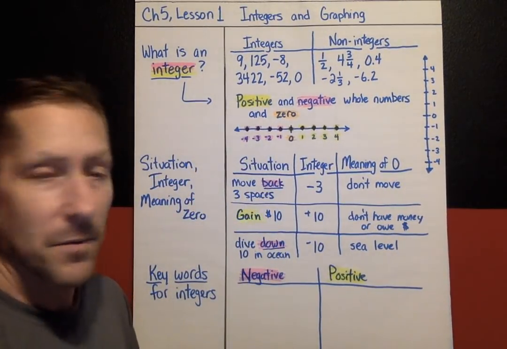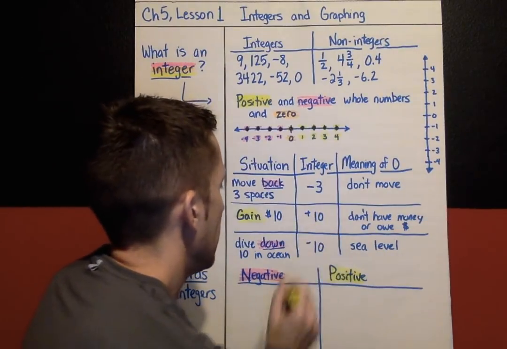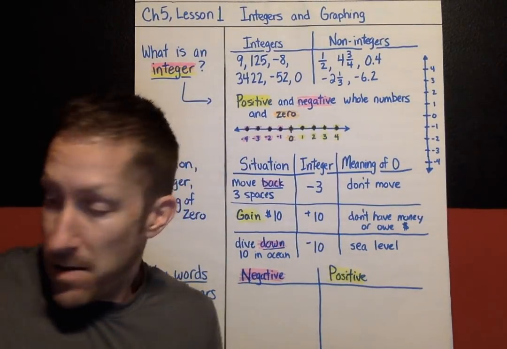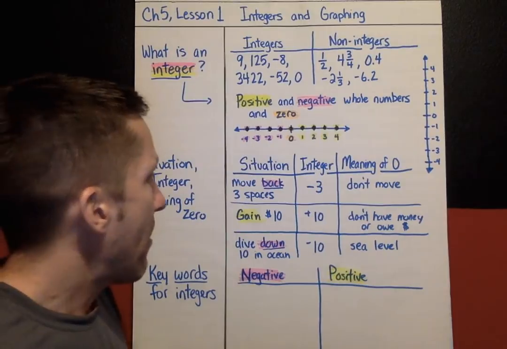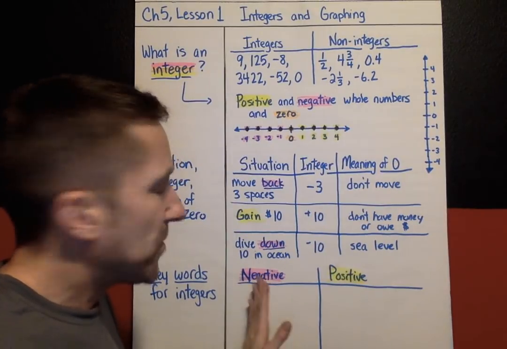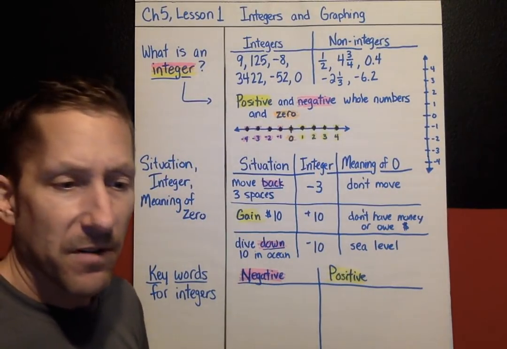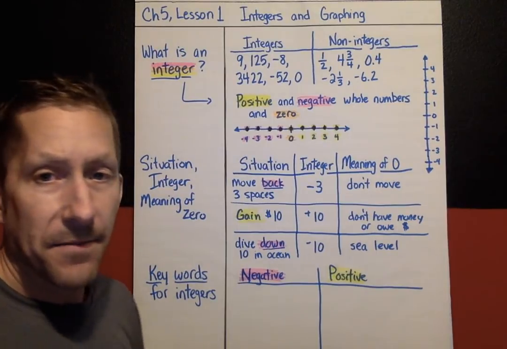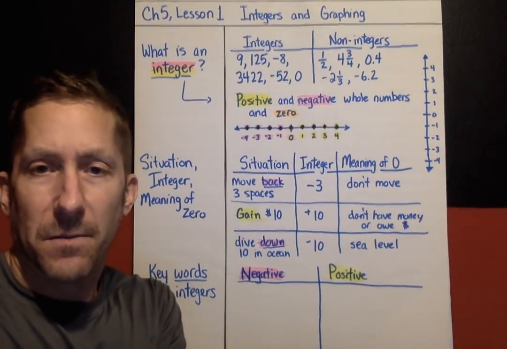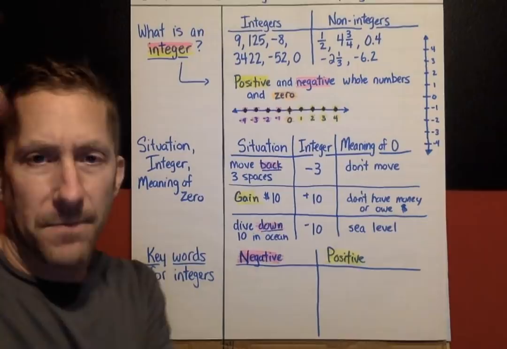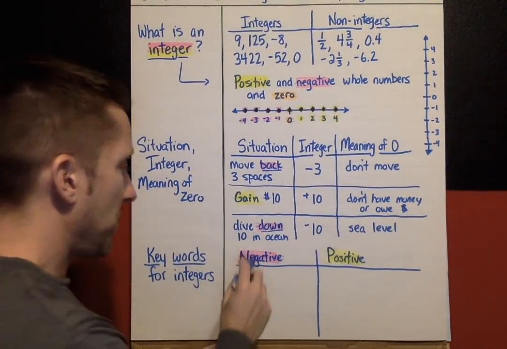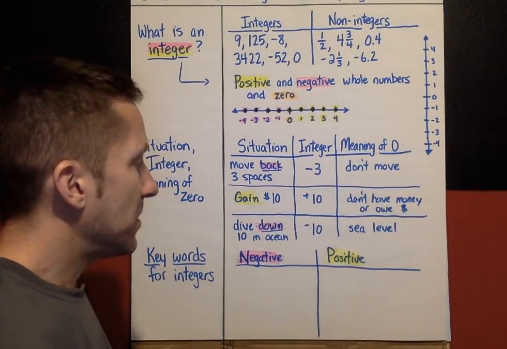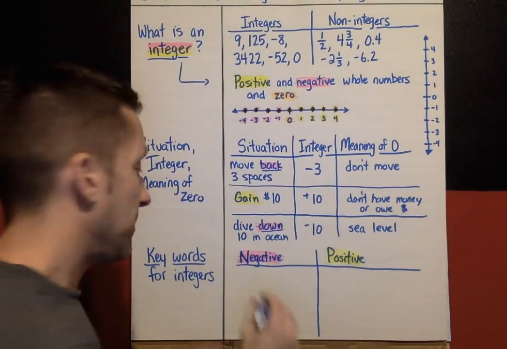That's a positive situation. Okay, so here are some other keywords that could mean a negative situation. Let me tip this so we get a little more space here. So these words would be a negative. You would use a negative integer to describe this.